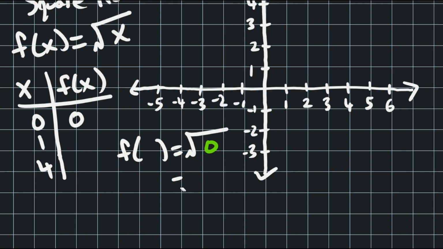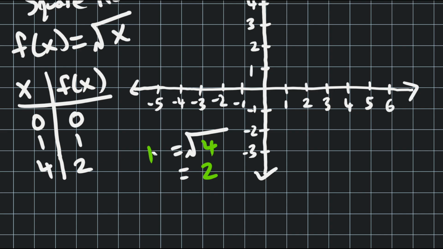Perfect. And what is f of 1? F of 1 is the square root of 1. What's the square root of 1? That's 1. Good. And now what's f of 4? You'll see why I went straight to 4 instead of 2, because it's a perfect square and it'll make the math easier. But f of 4 equals the square root of 4. Square root of 4 is 2.